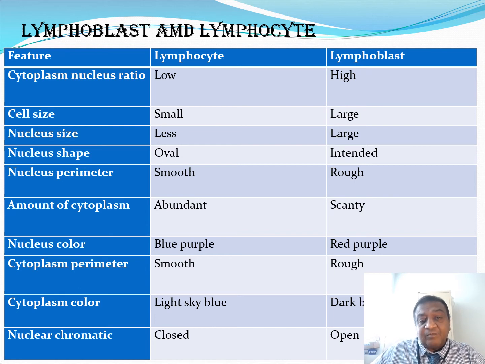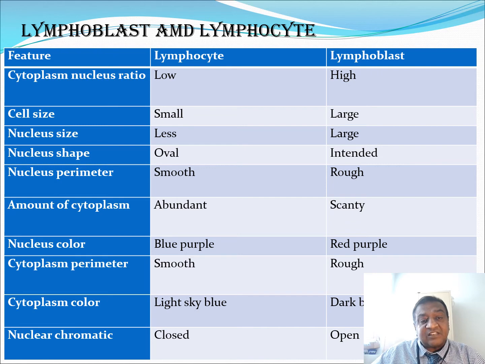For lymphoblast, the cytoplasm to nucleus ratio will be very high. Similarly, cell size and nucleus size will be high in a lymphoblast, the leukemia blast image. Whereas the nuclear perimeter will be very smooth for a normal cell, the nucleus perimeter will be very rough in a lymphoblast.